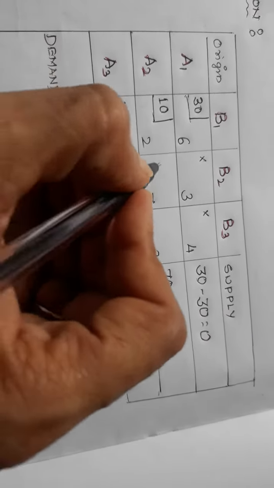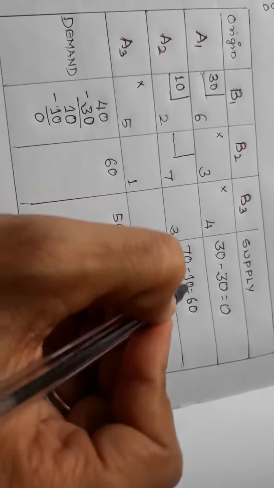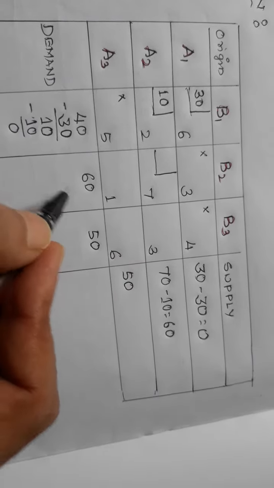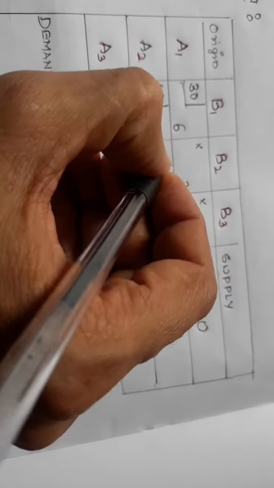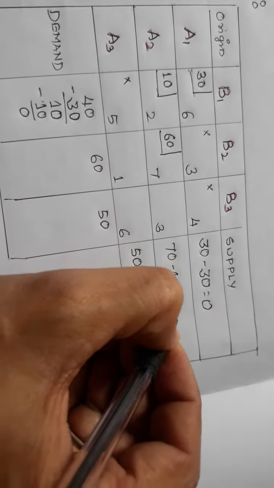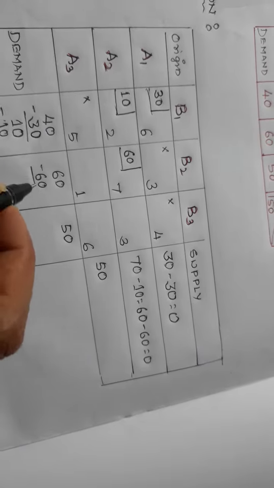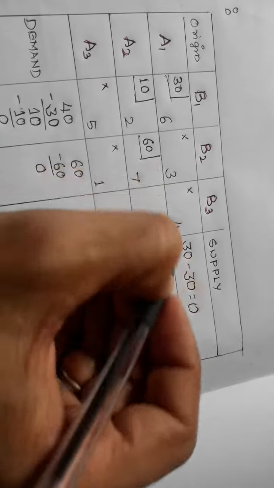Come to A2. Here supply is available: 60, and demand is 60. Fulfill the demand as well as the supply.